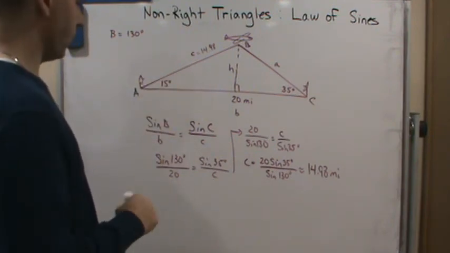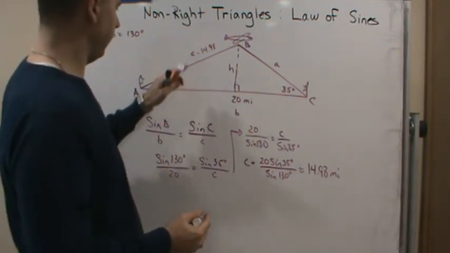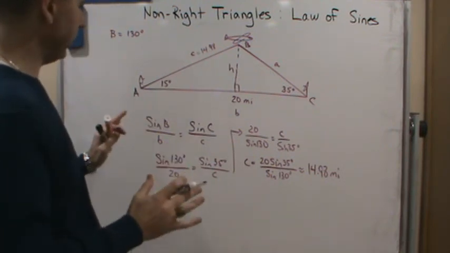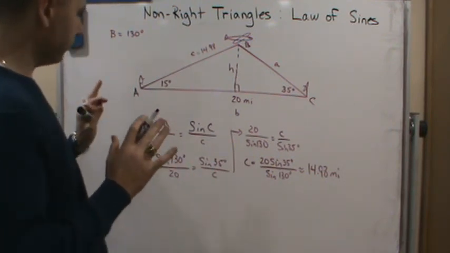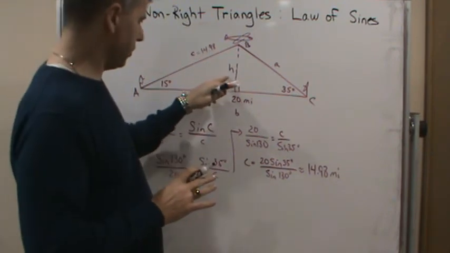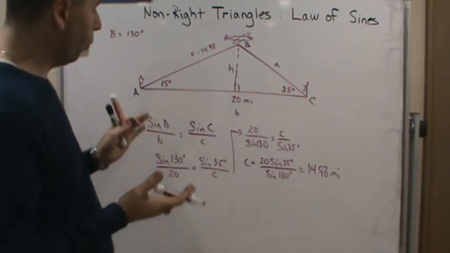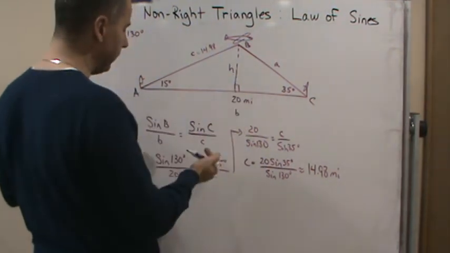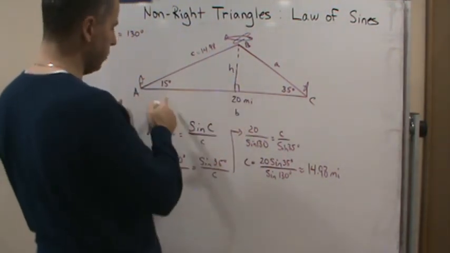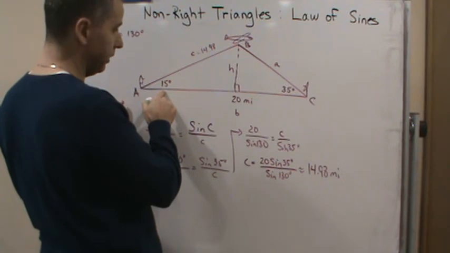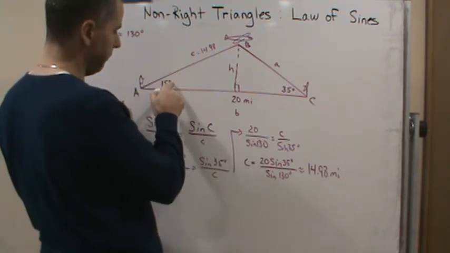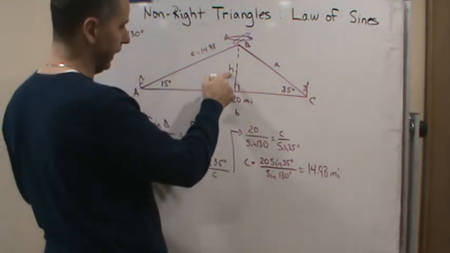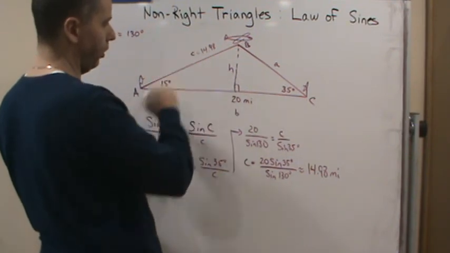But with this here, now all we need to do is use h. Now that we have a right triangle, we can use the sine of 15 degrees is equal to h over c.